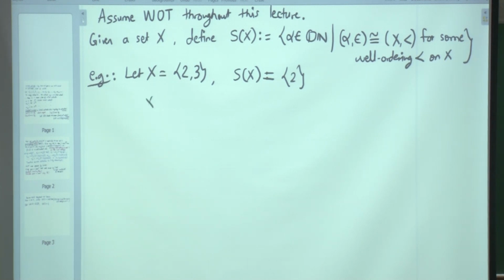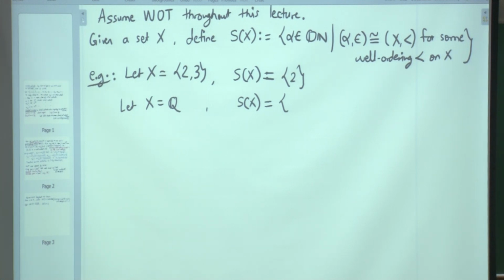Then let's say X is equal to the rational numbers. Then what is S of X? Rational numbers can be well ordered. Yes, we have seen that zigzag argument. So they can be well ordered. So what will their order type be?